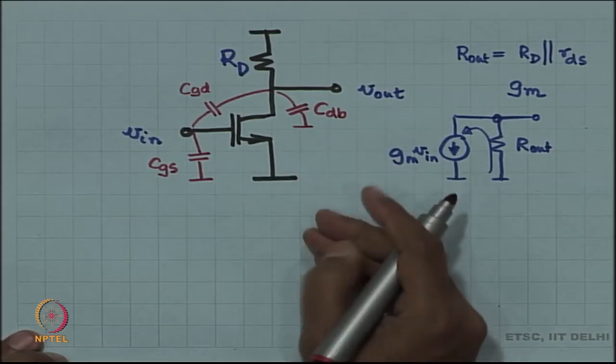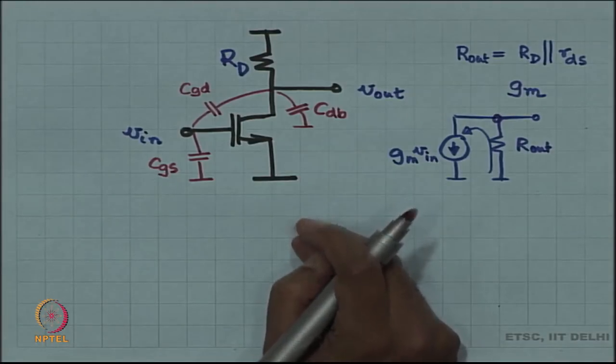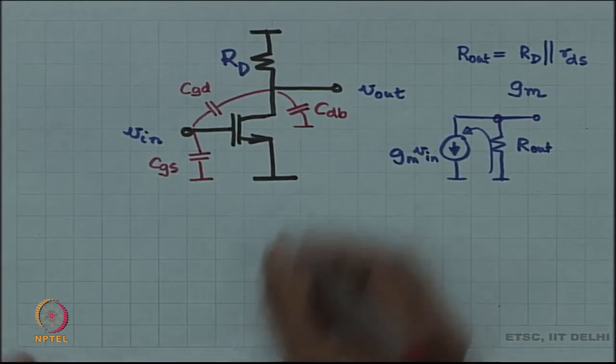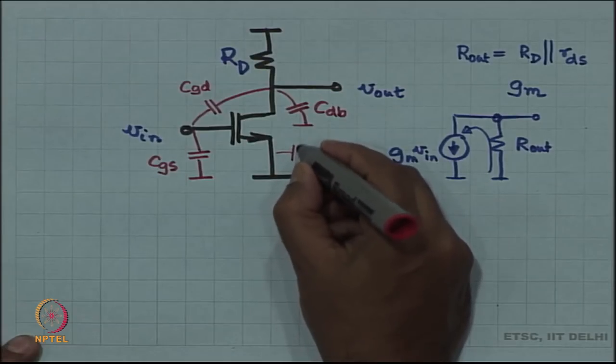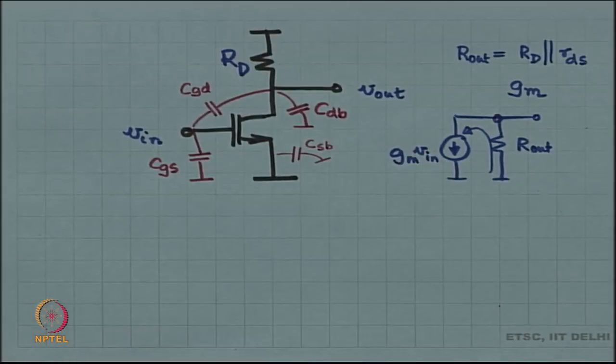So, no current can go through C source to body, and therefore, I am not even going to draw it. All right, let me draw it just to make you happy. Here it is, source to body, body is at ground, source is at ground, and therefore, this one is irrelevant. It exists, but no current can go through it. Fine. So far so good.